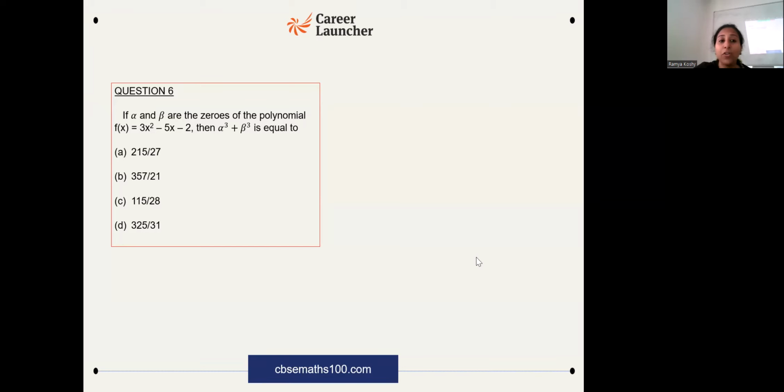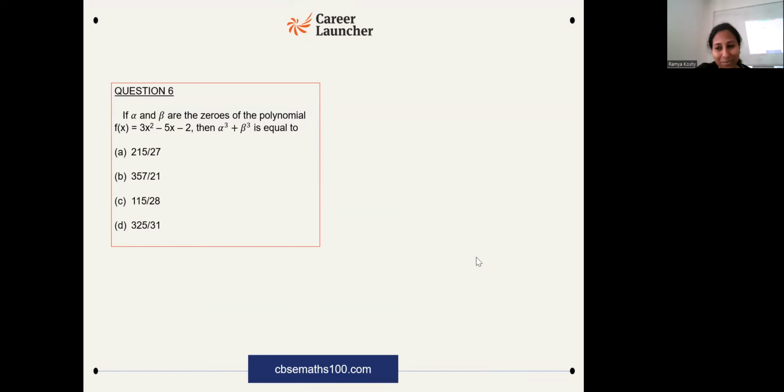Which identity will you use to find the value of alpha cube plus beta cube? Which identity would you use here? Anyone can answer. Which identity will you use?